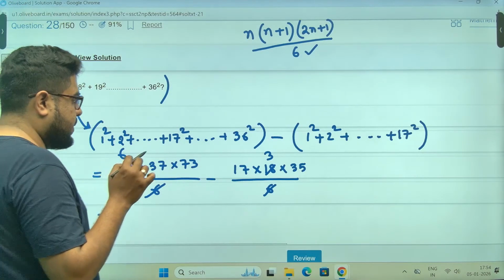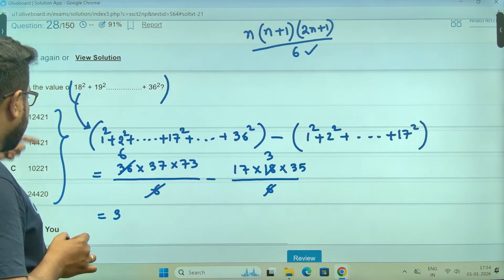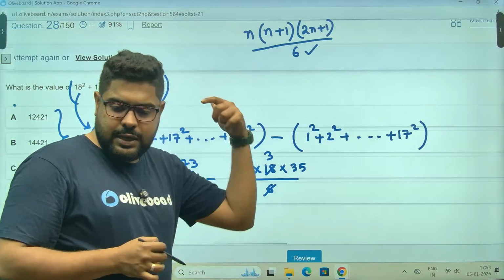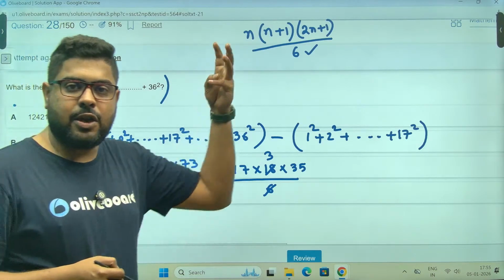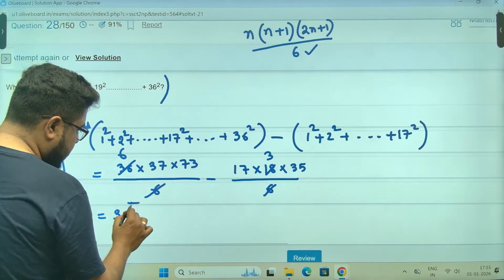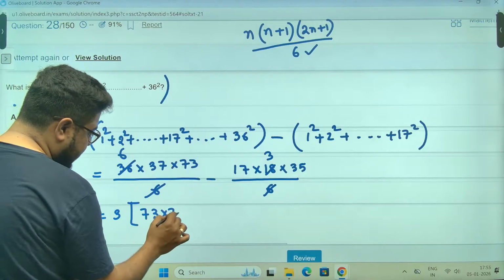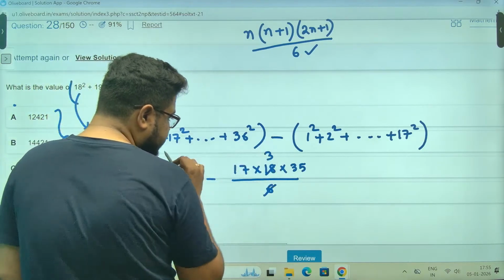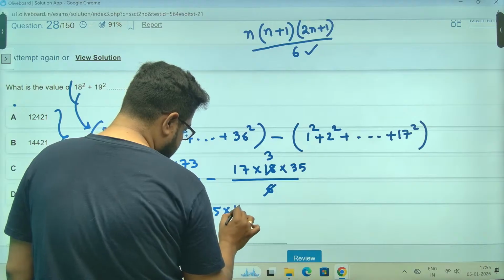Calculation तो बहुत ही गंदा होगा. You see, I was thinking I'll use the unit digit method. That avenue is also closed, 3 options are having 1. So 3 I can take common. So it will be 73 into 74 minus 35 into 17.